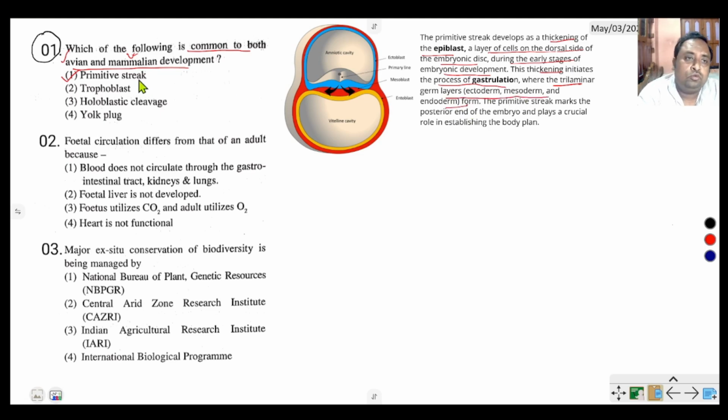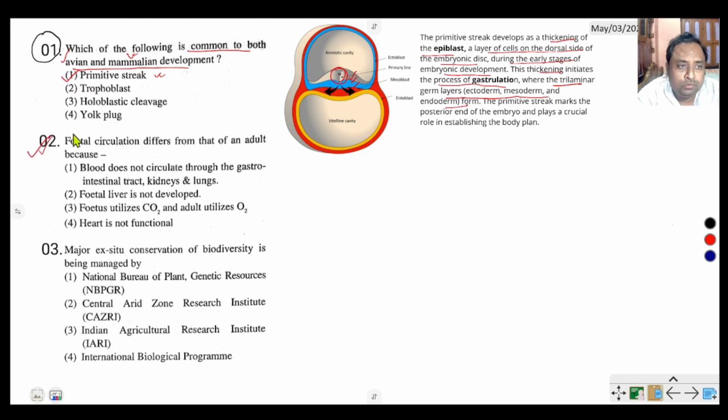This is the primitive streak, and this is the ectoderm, mesoderm, and endoderm layer. From these three germ layers, all the organs and all the parts of the body are formed. So the correct option is primitive streak.